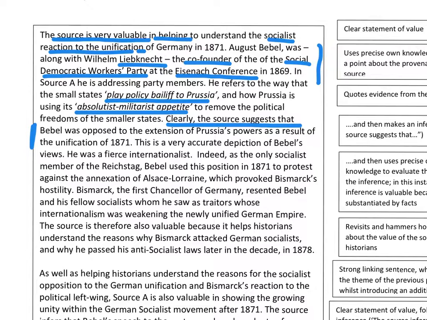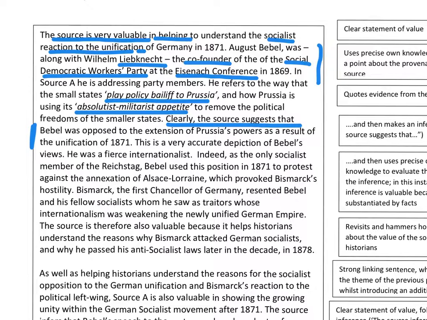Okay, all well and good so far. That's still a fairly low-level skill. You're clocking at marks here. But you've then got to move to the most important bit of all. You've got to apply your precise own knowledge to that inference. So this is the most important part of the answer.